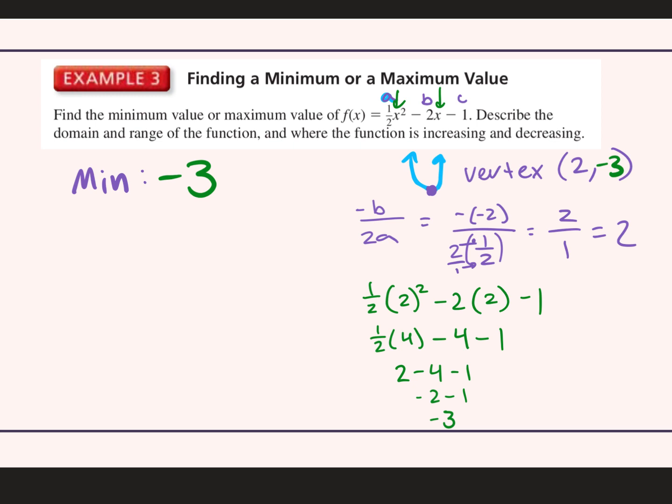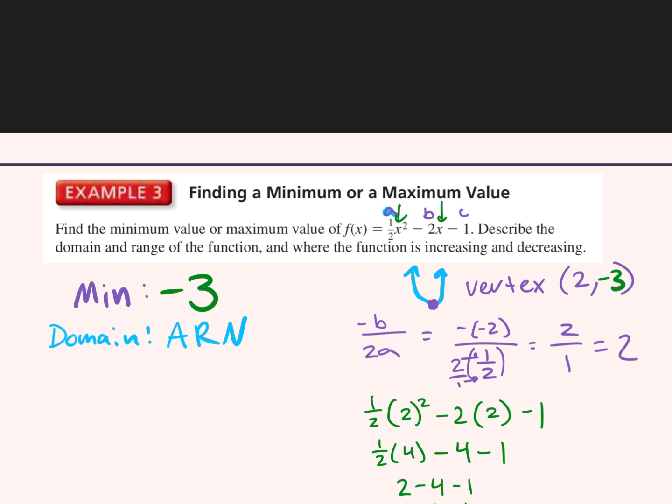Now let's find our domain. All real numbers. Domain is always all real numbers. I'm going to say ARN to abbreviate. How do you determine whether you're going to find the minimum or the maximum? It depends if your graph opens up or opens down. If it opens up, you're finding the minimum because the vertex is at the lowest point.